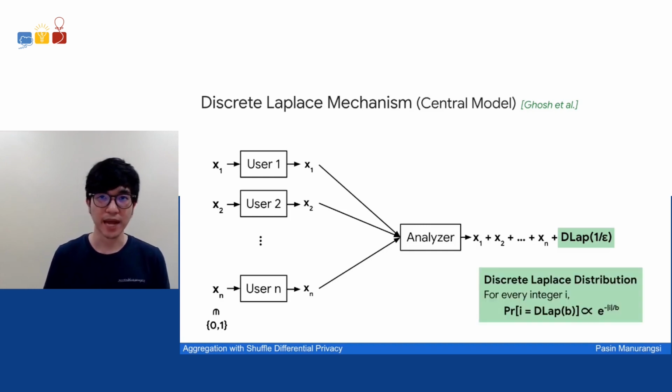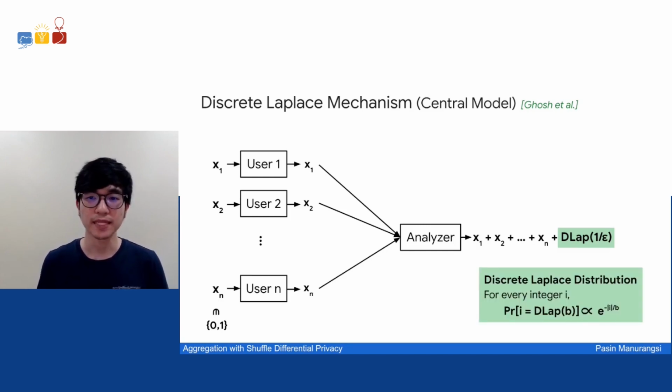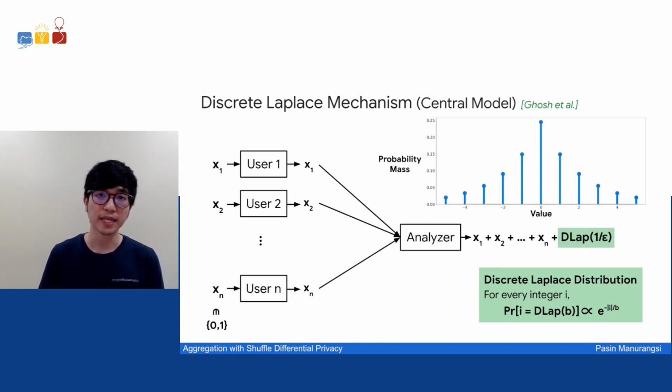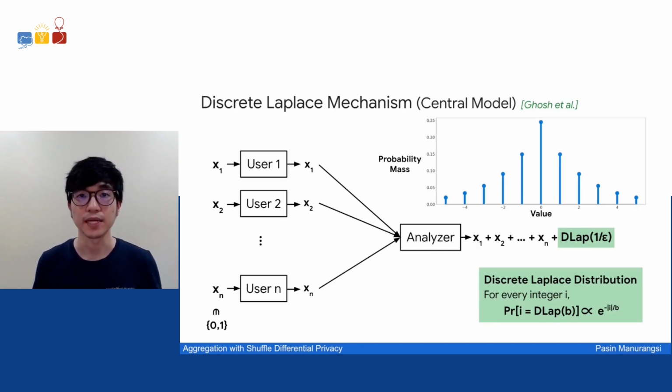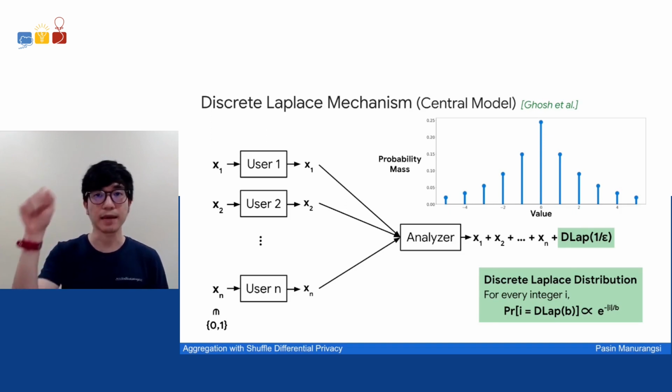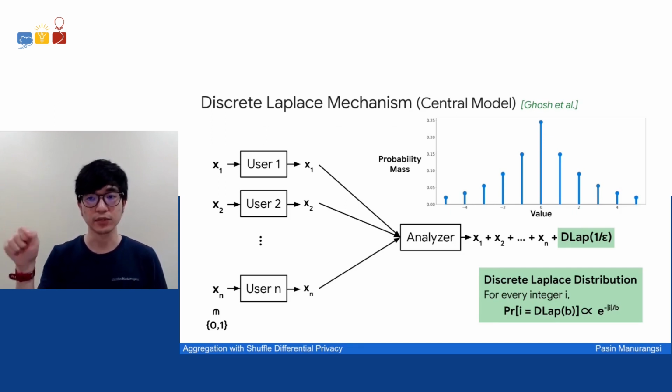This discrete Laplace distribution is a probability distribution where the probability mass peaks at the middle and goes down as you go further away from the center. It goes down geometrically, and in each step it goes down by a factor of e to the epsilon.